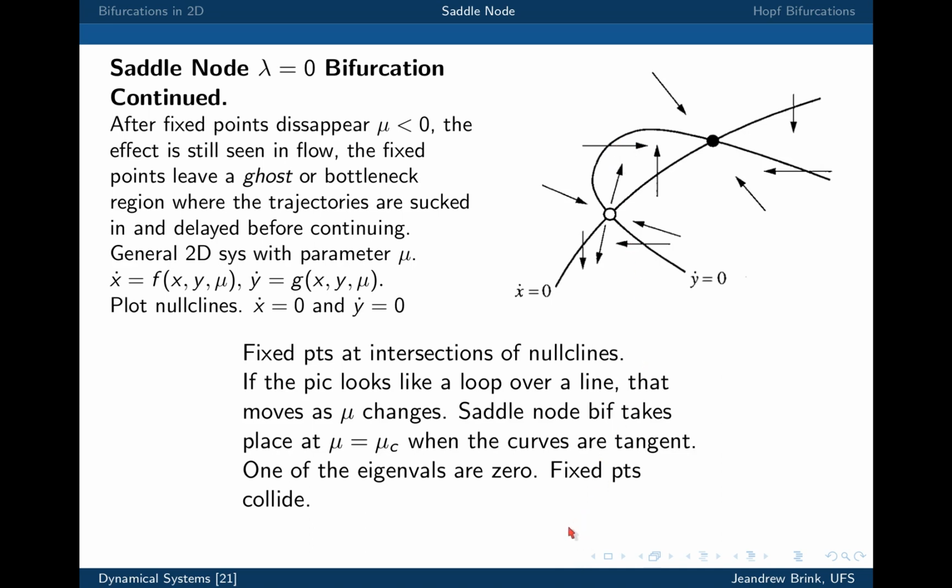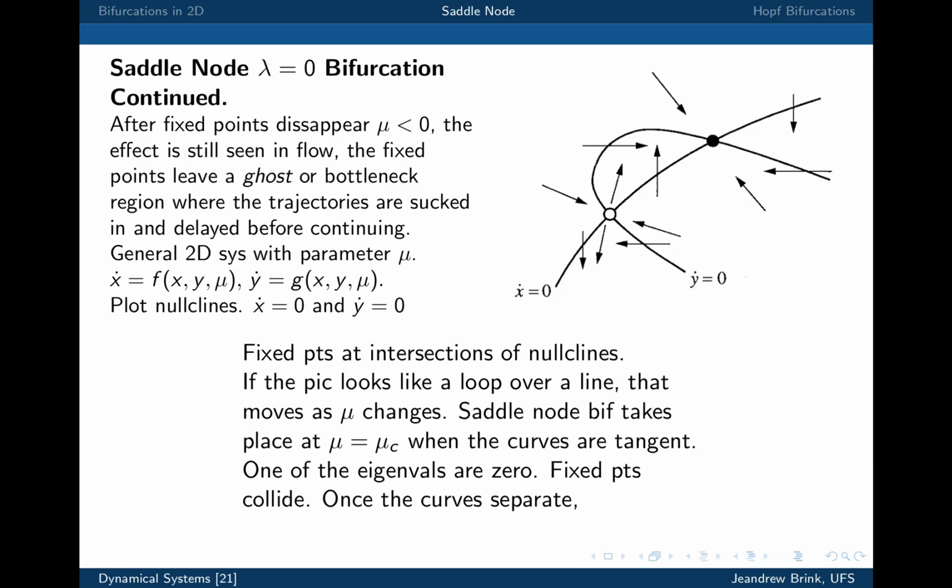So there are three basic checks, and they should all be consistent, right? Your eigenvalues go to 0, the line becomes tangent to the loop, and the fixed points collide, and in different situations, different ones of these are easier to calculate. So know all three of them.